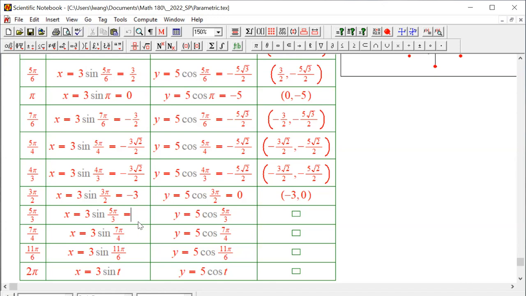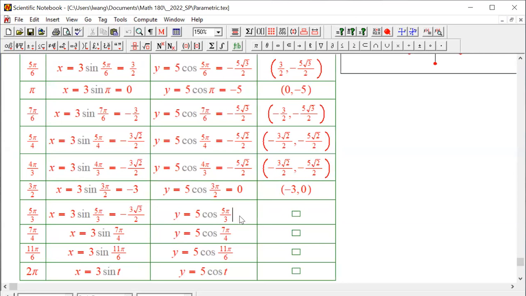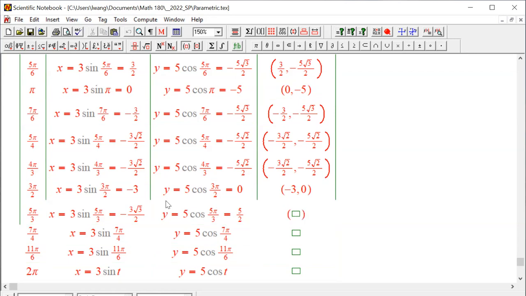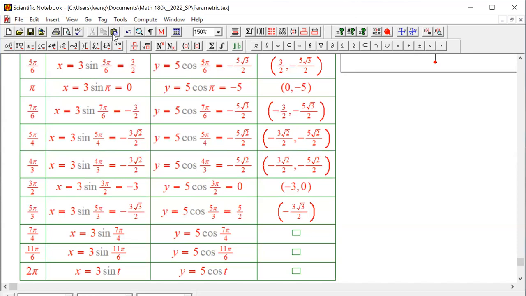Sine 5 pi over 3 is negative root 3 over 2, so that's going to be negative 3 times root 3 over 2. And over here, cosine is going to be half, so that's 5 half, because in the fourth quadrant, cosine is positive. So we have negative 3 times root 3 over 2 and 5 half.